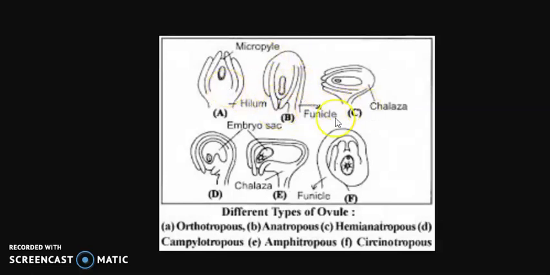There are 5 other types as well, like the upright one called the orthotropous. For these, you have to mention in the comment thread of the video the name of the ovule, at least 2 flower examples with names, and the definition, and please prepare them for your NEET seriously.